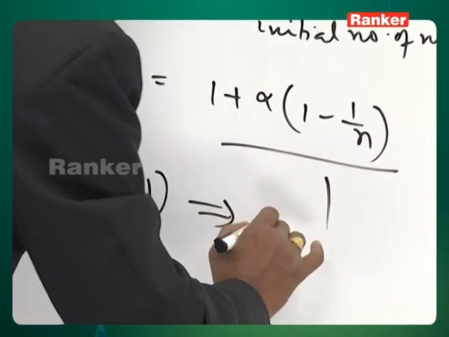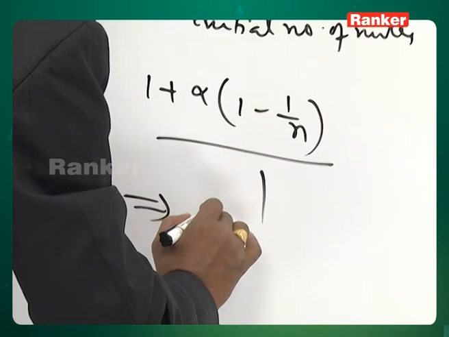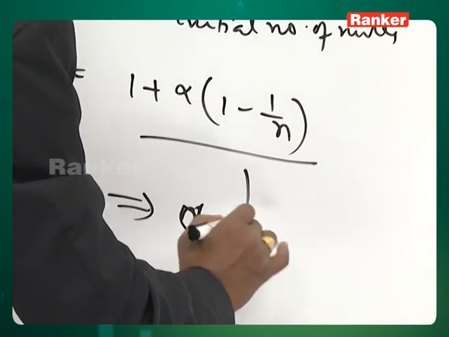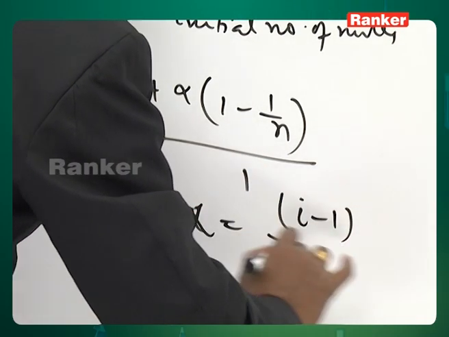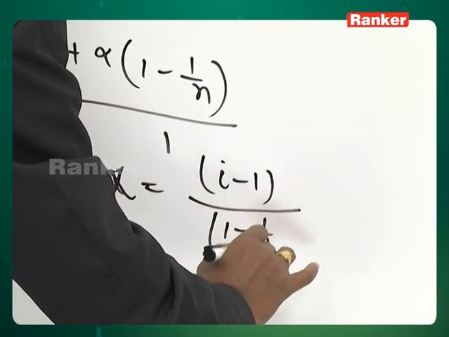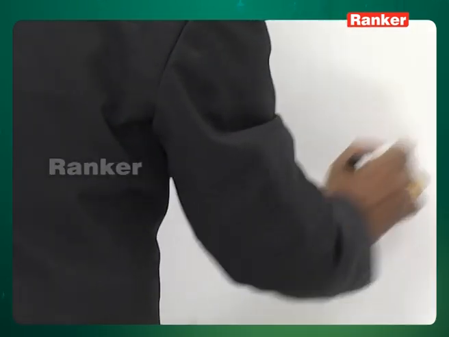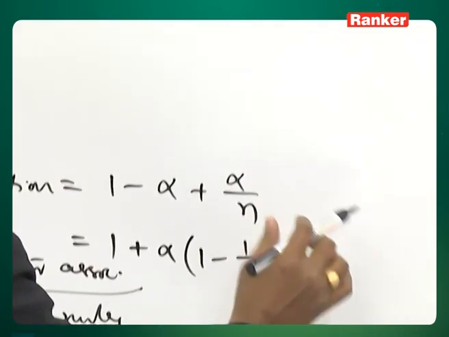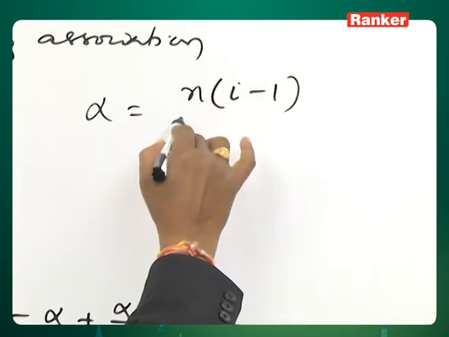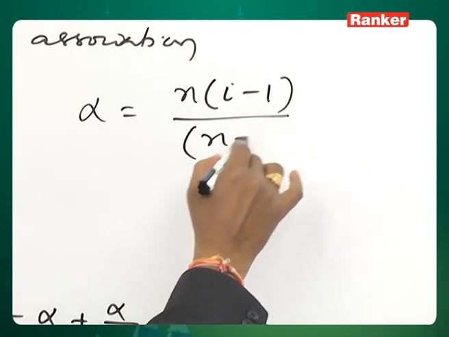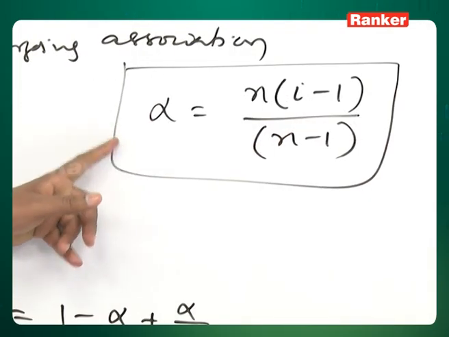Therefore, alpha is equal to (i minus 1) by (1 minus 1 by n). So, if you look at it, alpha is equal to n into (i minus 1) by (n minus 1). This is in the case of association.